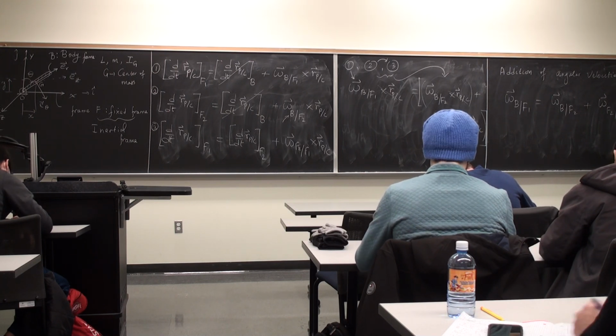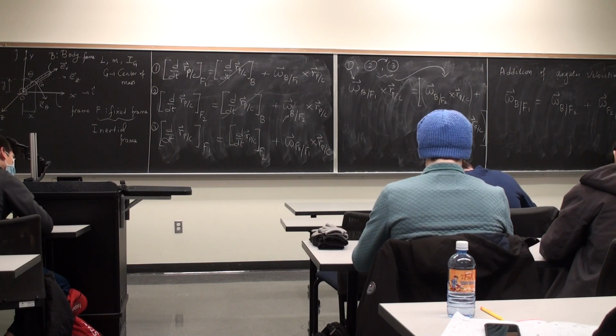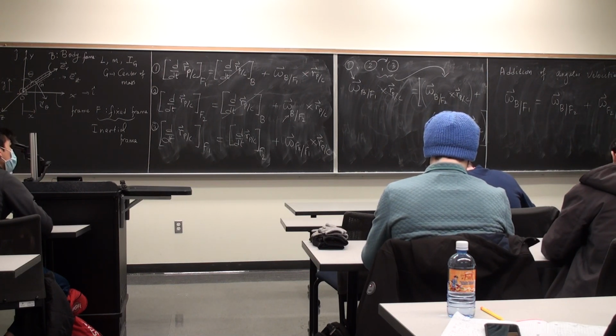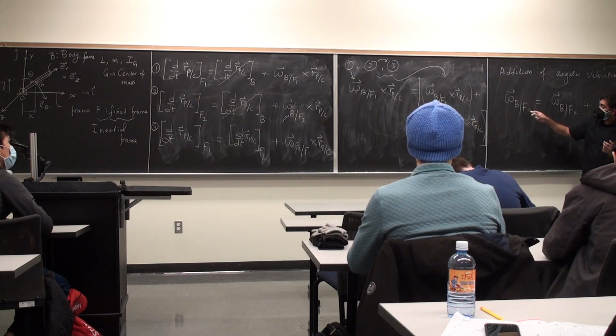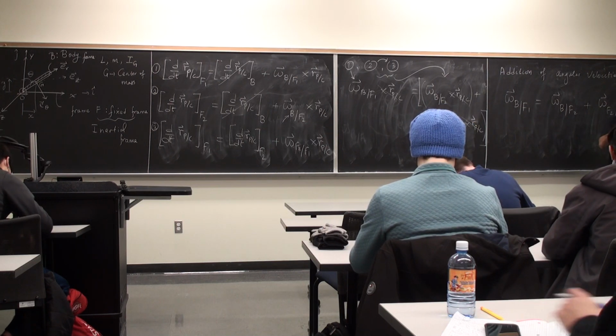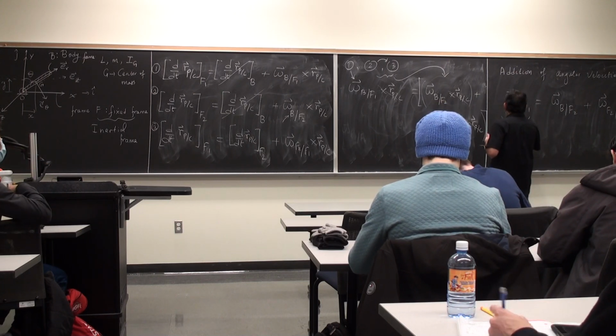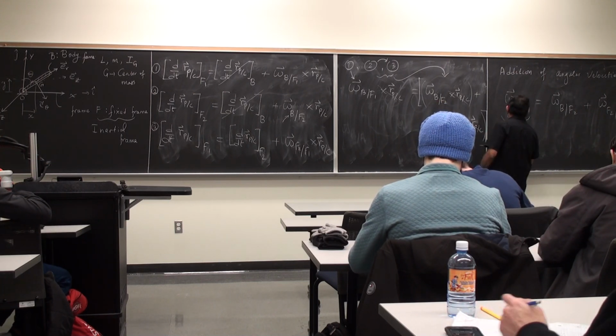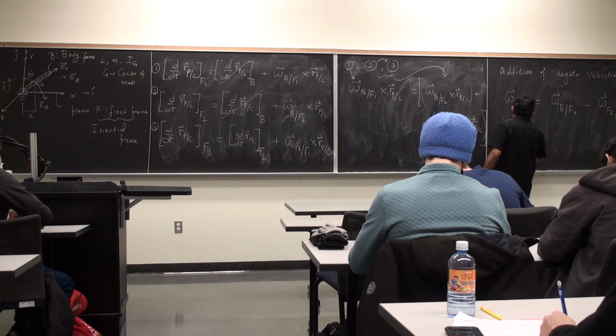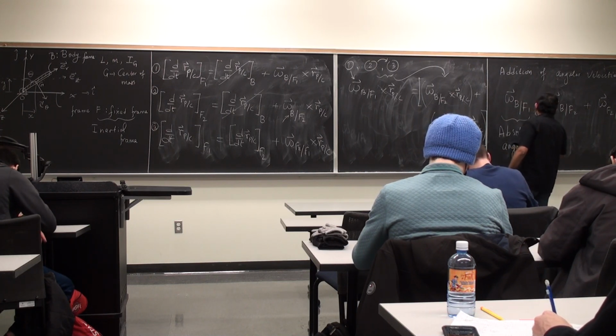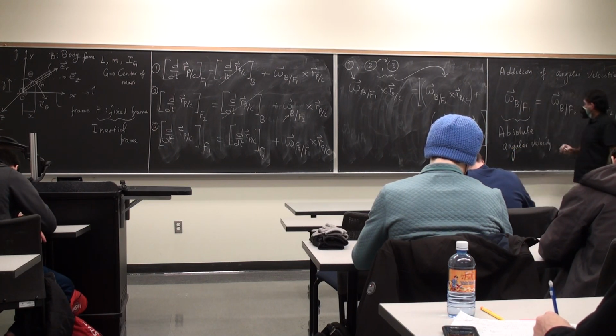F1 is an inertial frame, F2 is a rotating frame, B is a body frame. So if I am looking at the angular velocity of the body with respect to an inertial frame, this is the absolute angular velocity. These are all relative angular velocities.